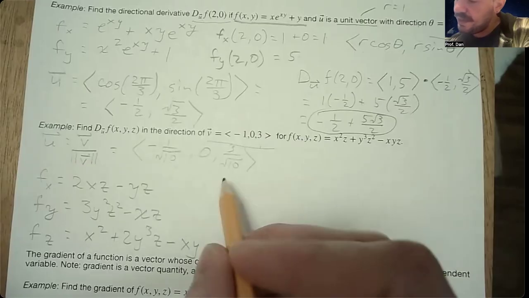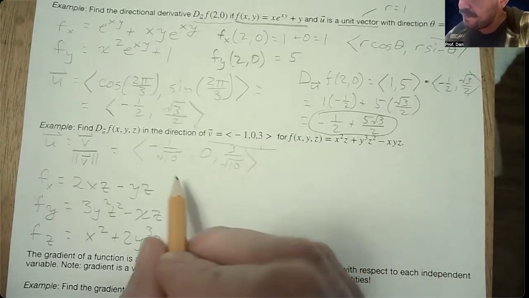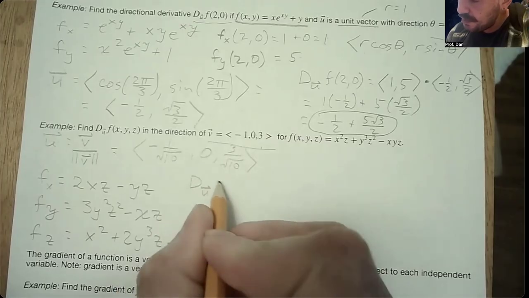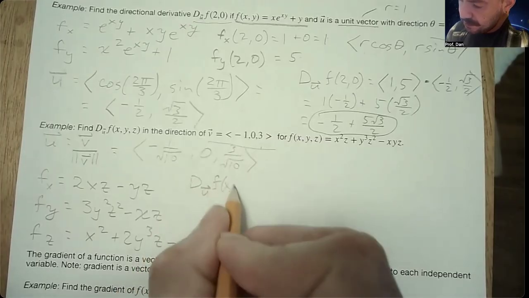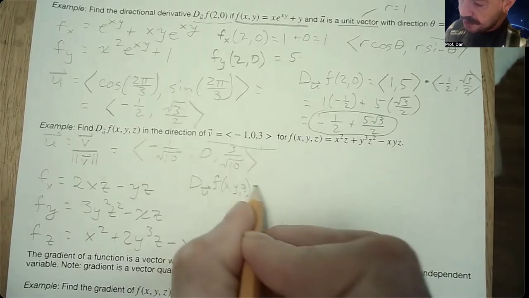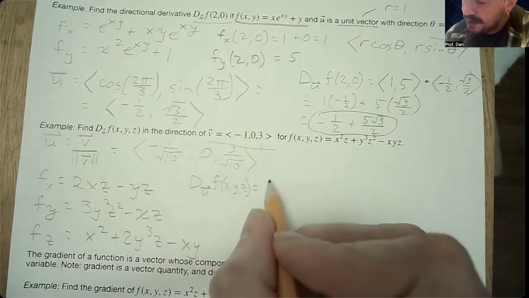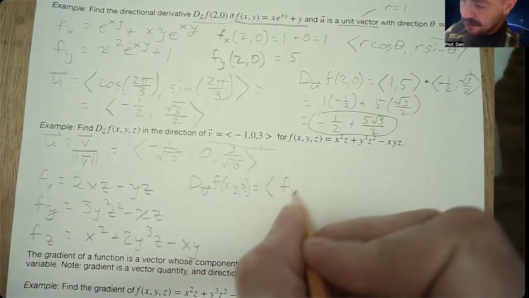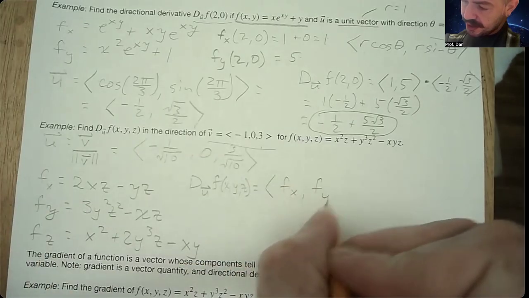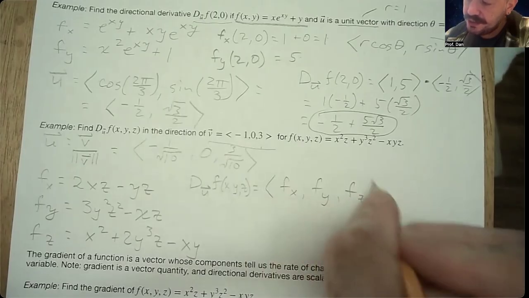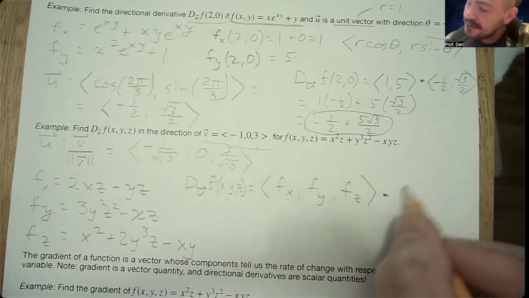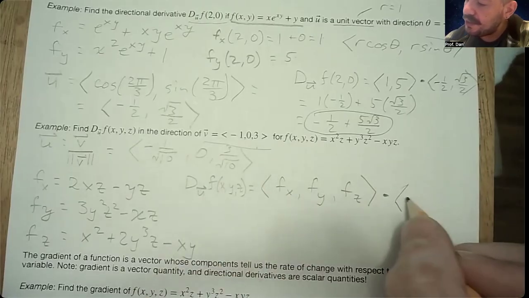So my directional derivative, I need some space for this one, is going to be equal to the dot product between this guy, which has a special name that we'll talk about in a little bit, dotted with our unit vector.